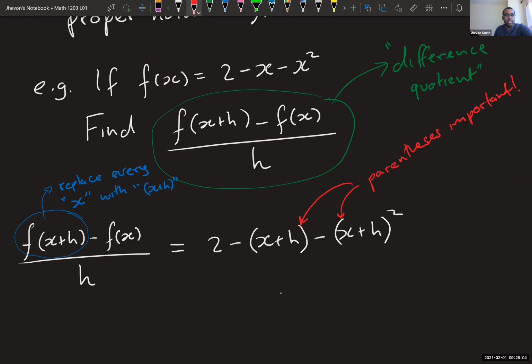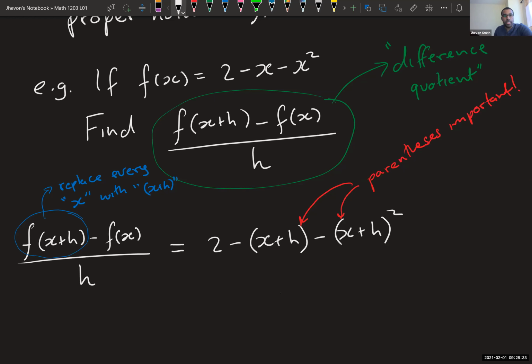Here the parentheses tell you that that negative sign has to distribute across the x and the h. So it's really minus x minus h. But a lot of students, they'll know the parentheses should be there, but they don't write it. And then later on, they just write minus x plus h, and they forget that the negative sign had to distribute. It's not that they forgot that process. It's just that their notation didn't remind them that that's what they're supposed to be doing. They thought they would remember, but later on they forgot. So the parentheses are actually very important.